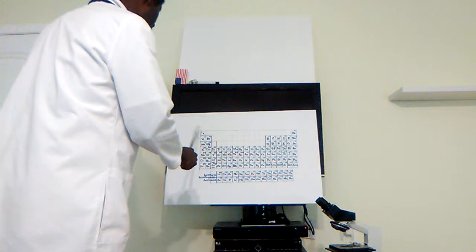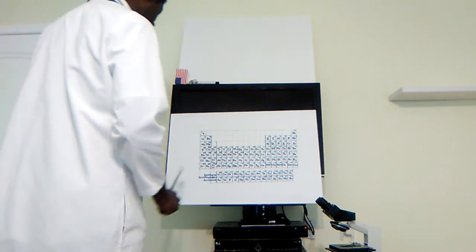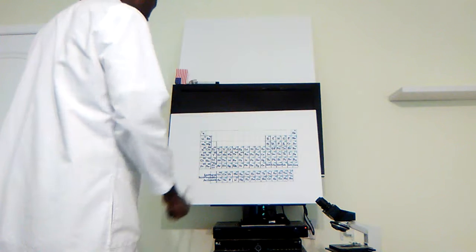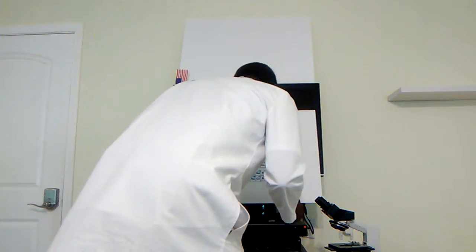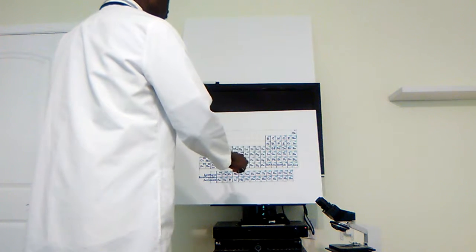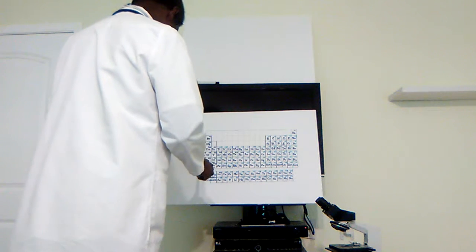So here we have hydrogen with atomic number 1, and helium over here with atomic number 2, lithium atomic number 3, beryllium atomic number 4, boron atomic number 5, carbon atomic number 6, nitrogen 7, and oxygen 8.